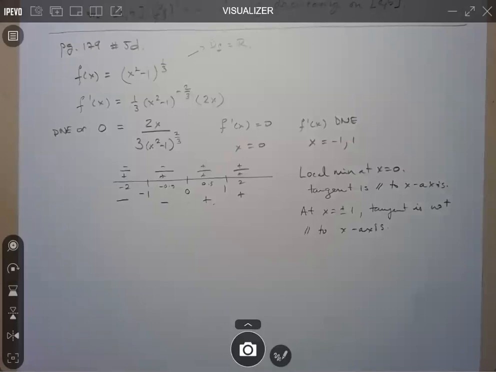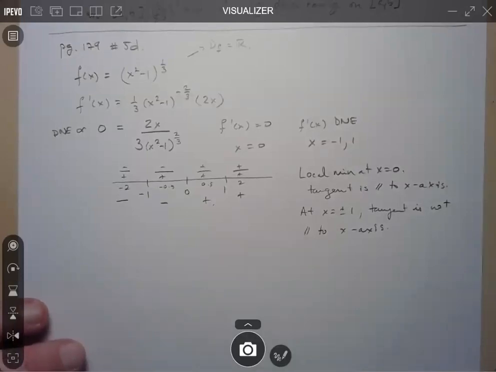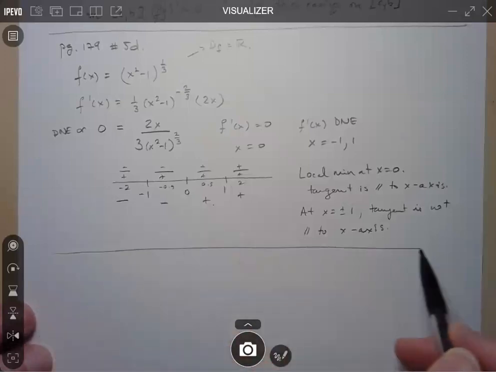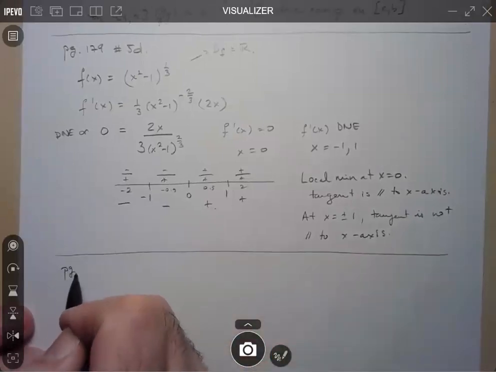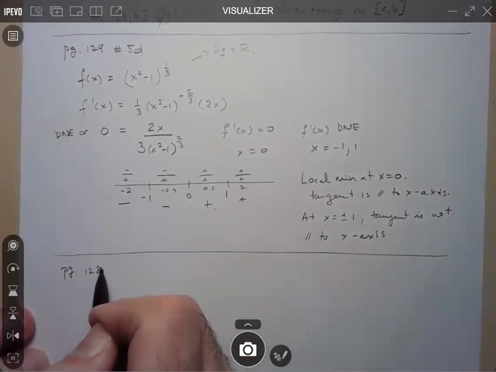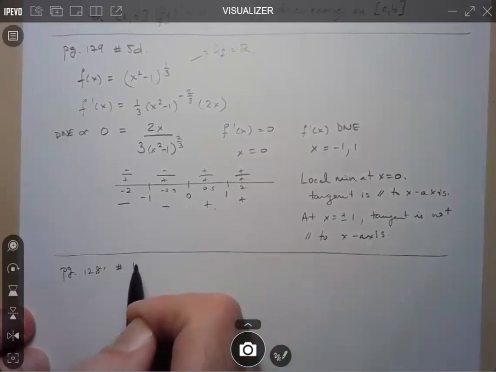Let me do this 10E first. Lesson 1, homework number 4. So here, page 128, number 10E.